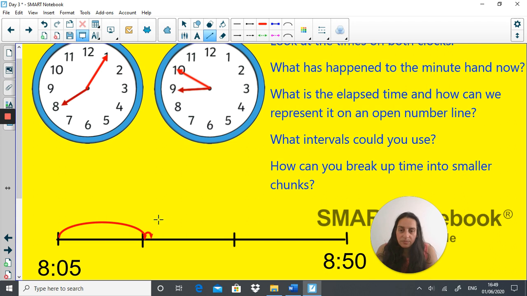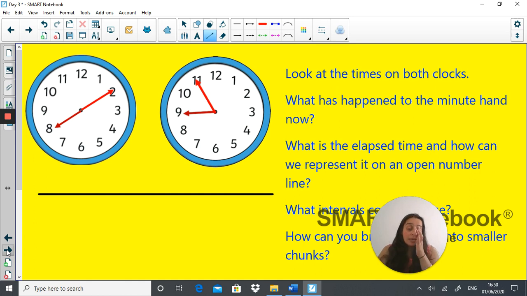The next jump of 15 minutes would be 8:20, 8:25, 8:30, 8:35. So that would be 8:35. And the final jump of 15 minutes would take me from 8:35, 8:40, 8:45 to 8:50. So that's how you represent the elapsed time on a number line using 15-minute intervals.